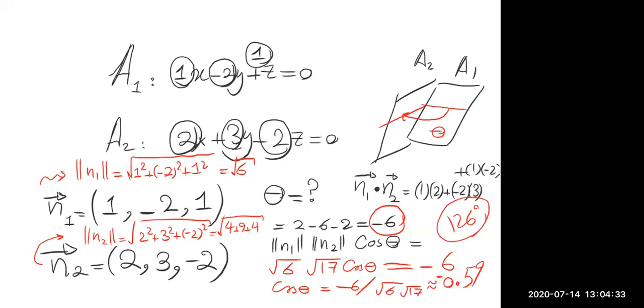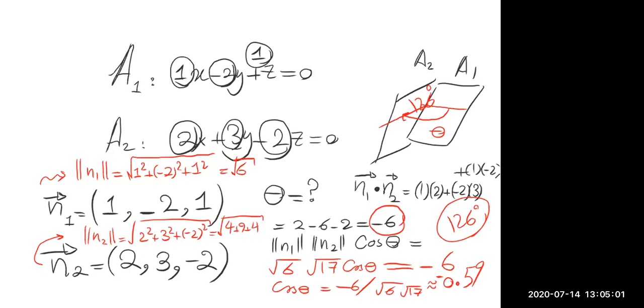If you use a calculator, you can see it's 126 degrees. So that's also the angle. Yeah, you're also right, they're close to each other. So the angle is something around 126 degrees. Okay, so that's the way you can compute it.